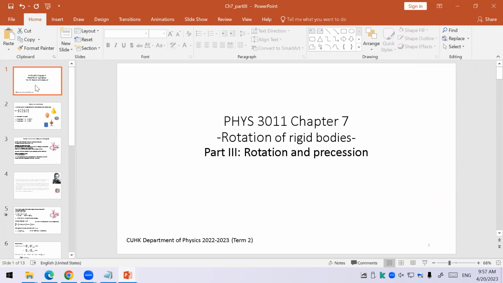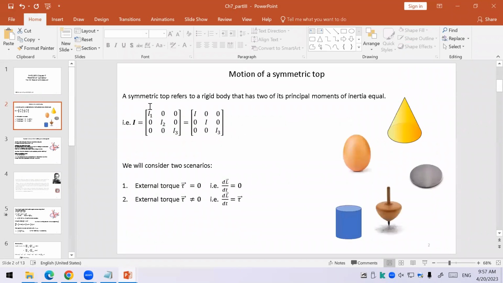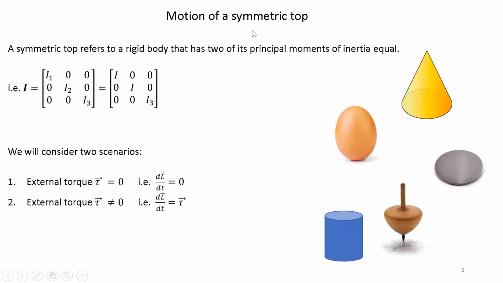Okay, so now we are really ready to explain some physical phenomena using the tools that we have learned. In particular, I'm going to talk about the so-called rotation and precession. The system that we are going to consider is the so-called symmetric top.